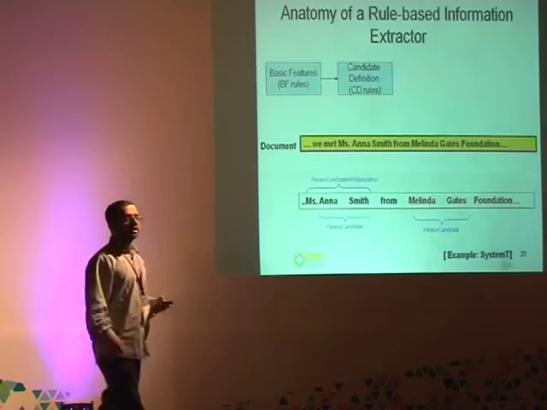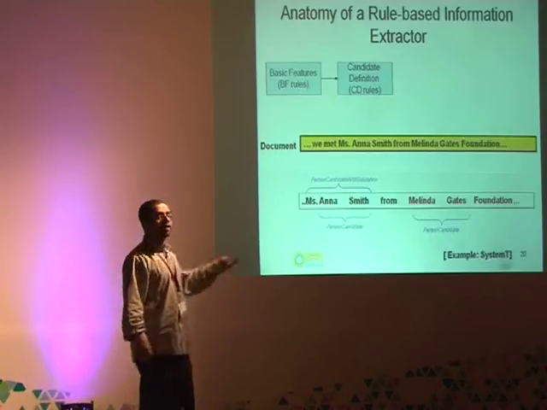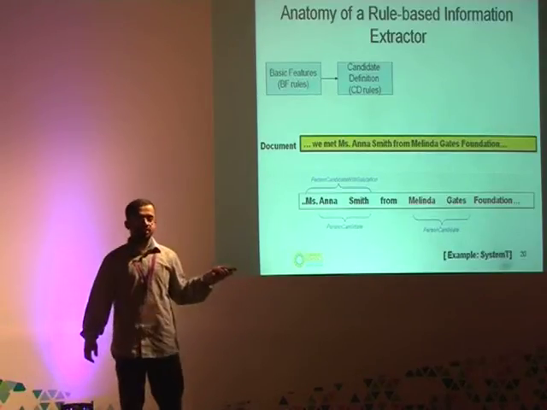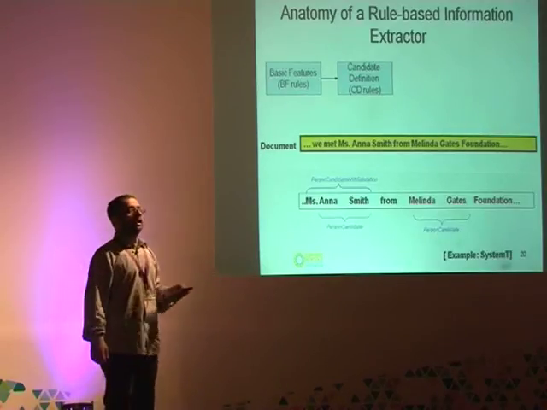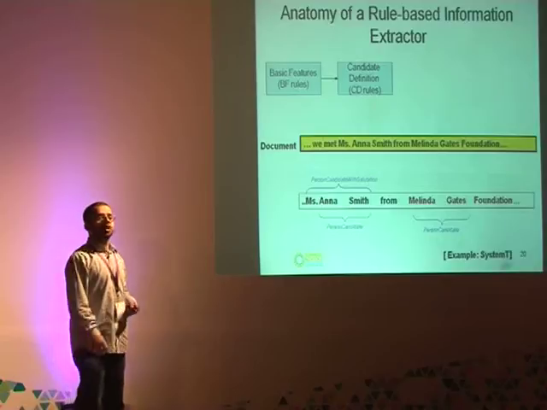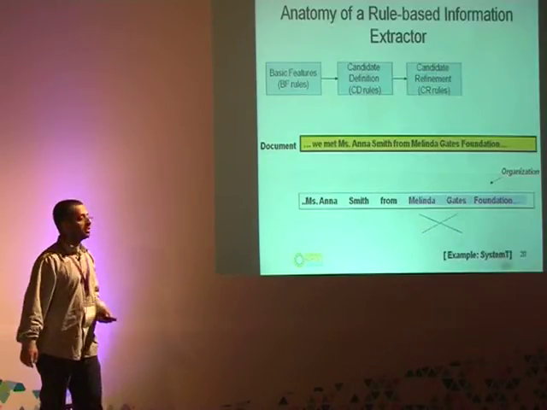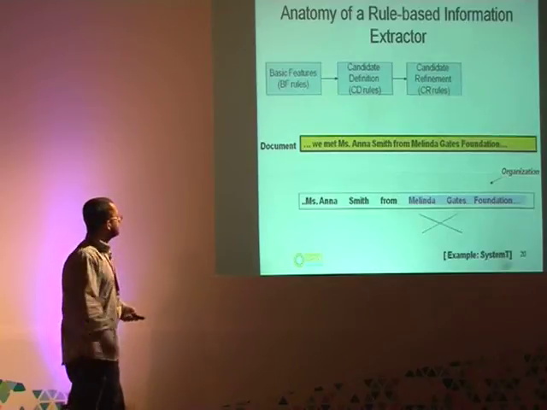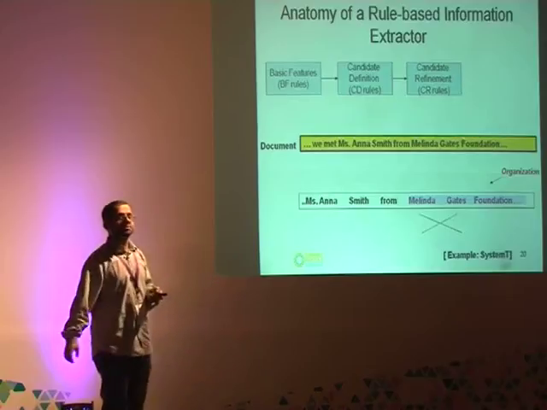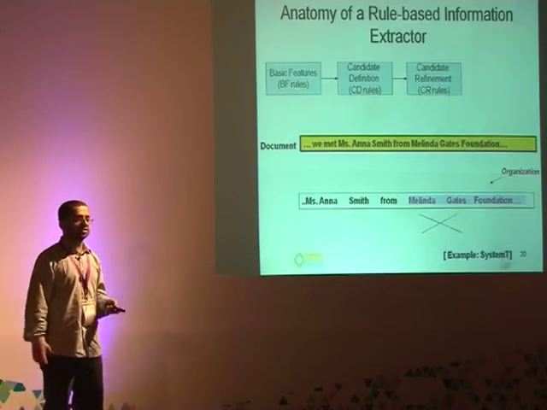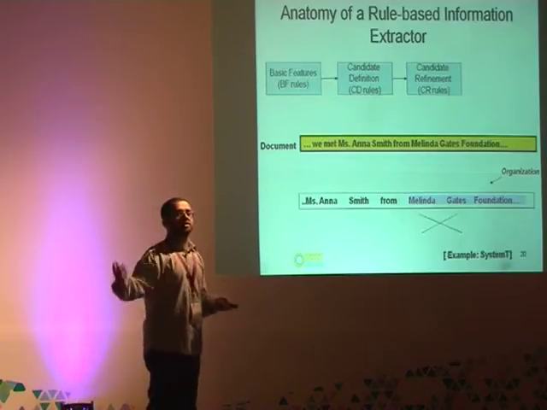As you can see, these candidates could overlap. There could be noise. Melinda Gates has been found to be a person candidate, but obviously is not a person. So the belief is that you really can't solve the entire problem in one shot. You need to identify candidates and then introduce some refinement. So what would the refinement tell you? Well, Melinda Gates Foundation was an organization and Melinda Gates was a person. If a person is a substring of an organization, you get rid of the person name.